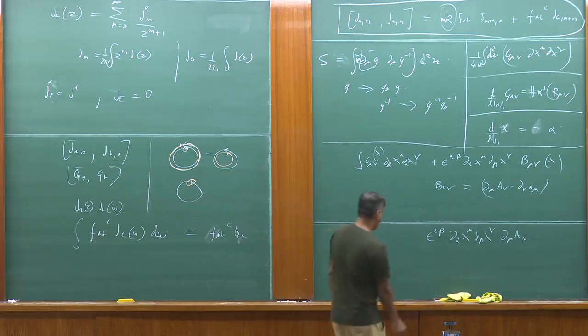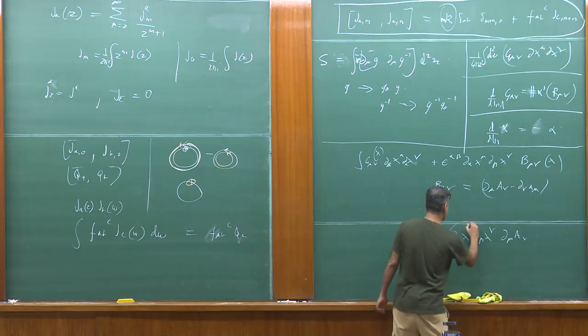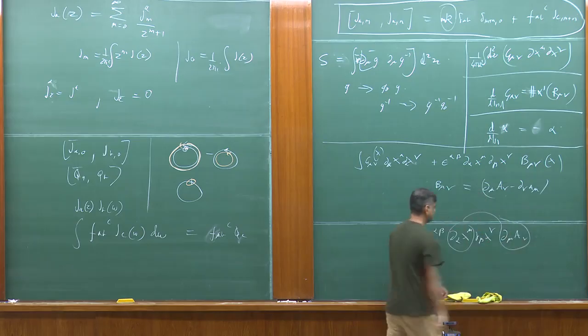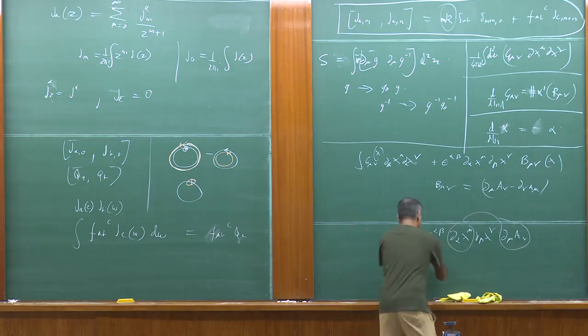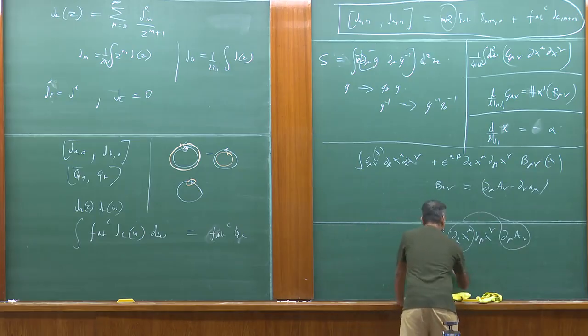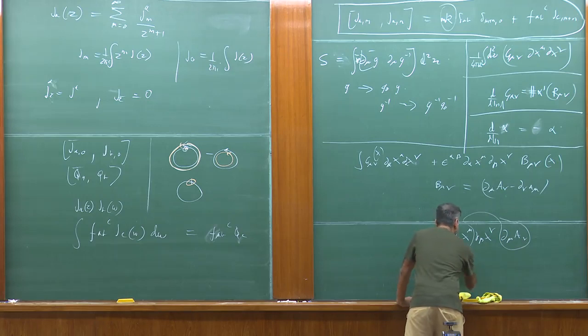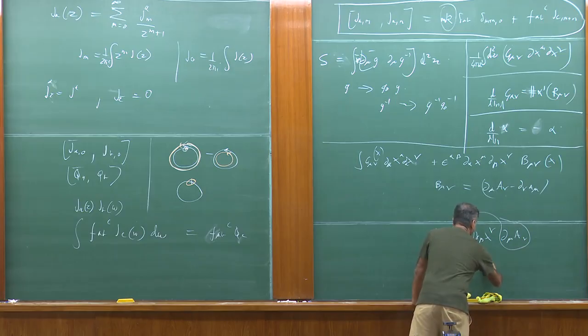But let's put this together. This is the same as del alpha of epsilon alpha beta del beta x nu a nu.